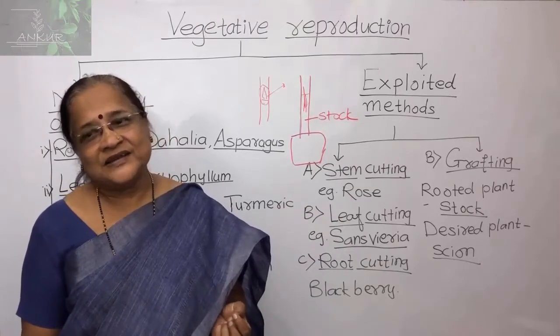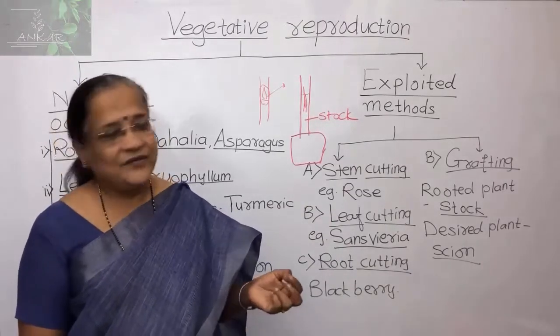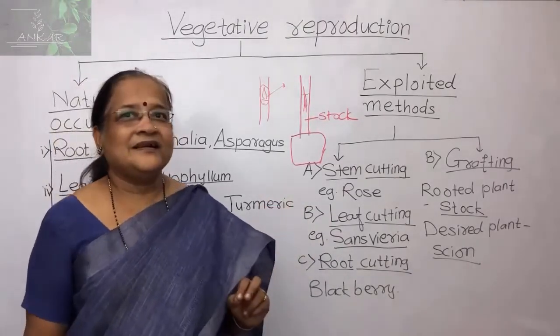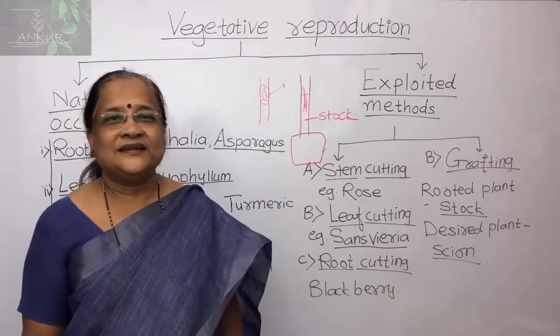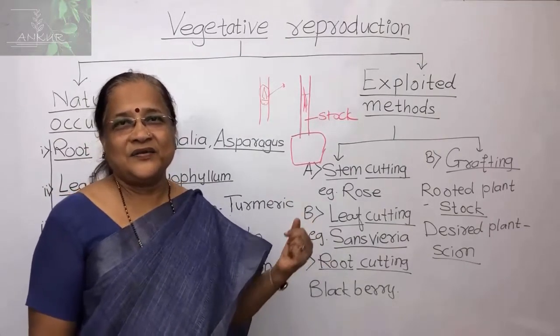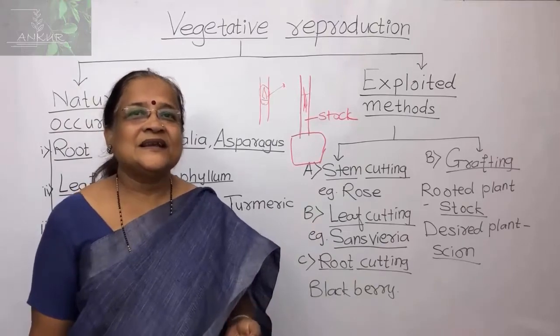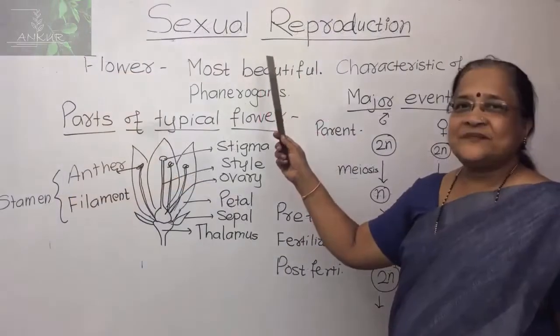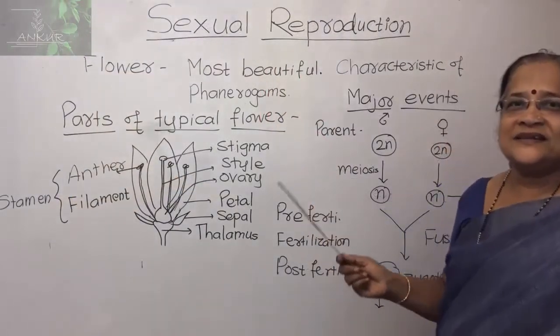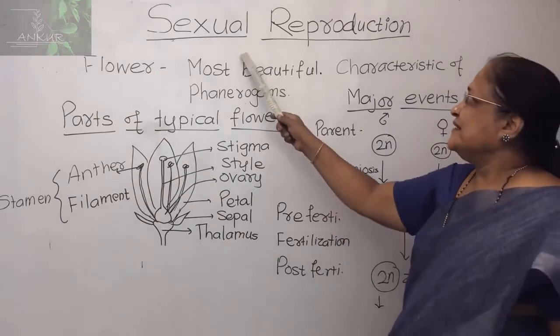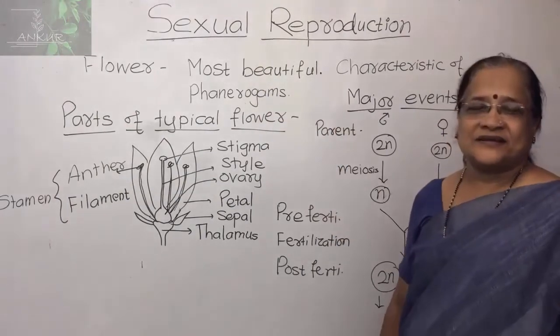Nowadays very small structures of the plant are also used, and we also call it micropropagation. The next method of reproduction in higher plants is sexual reproduction.